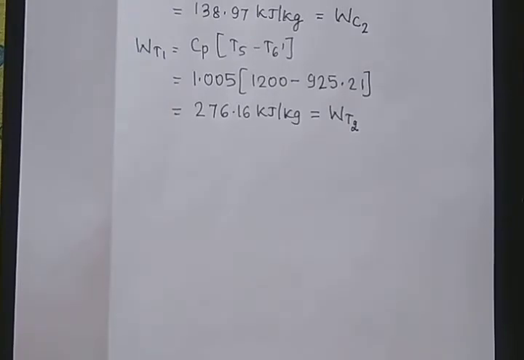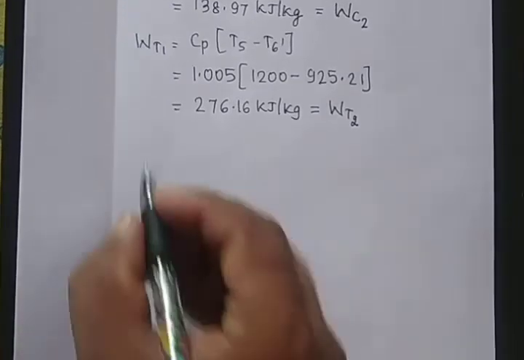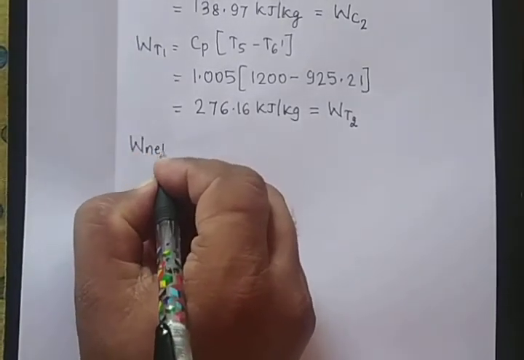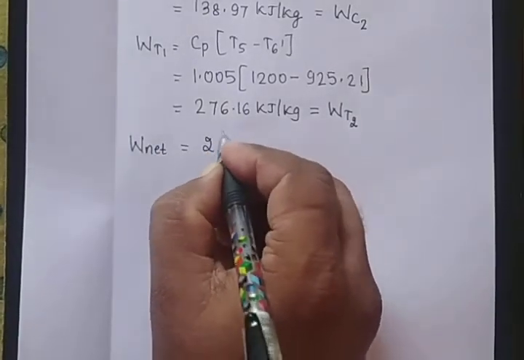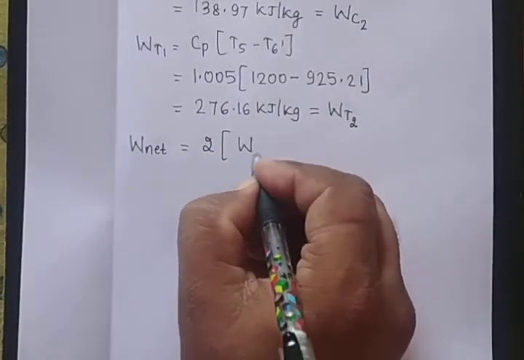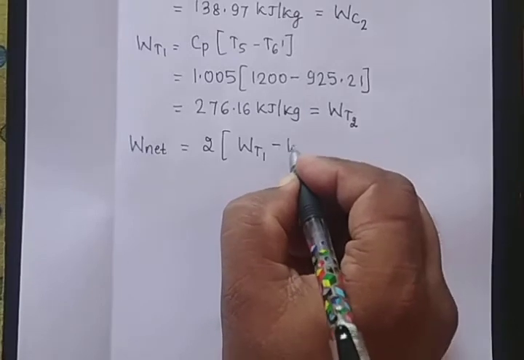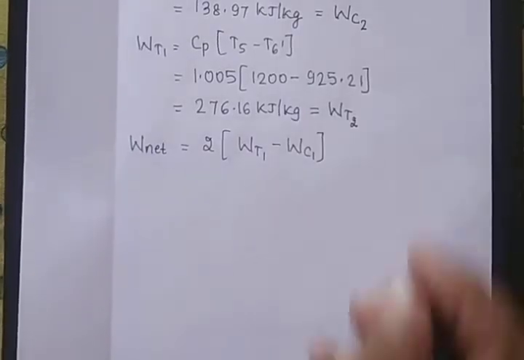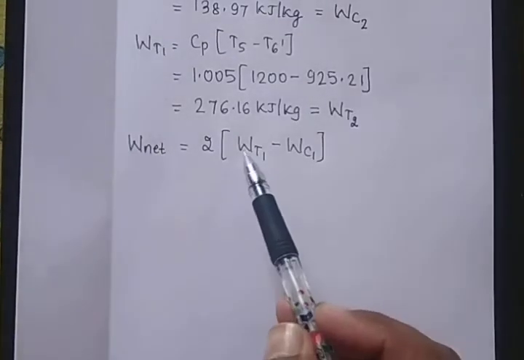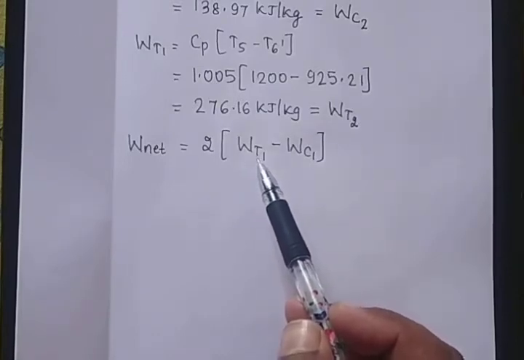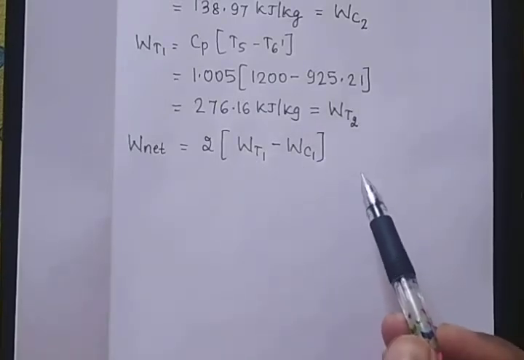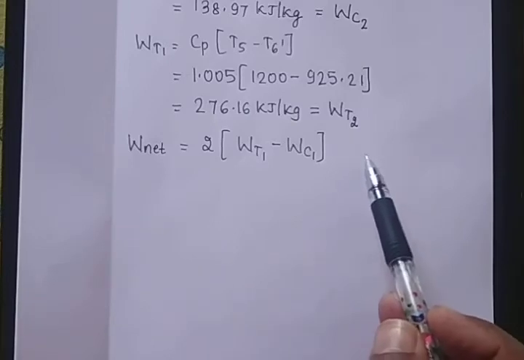So therefore I can find out W net, that is W net will be equal to 2 times WT1 minus WC1. That is, it is nothing but WT1 plus WT2 minus of WC1 minus WC2.